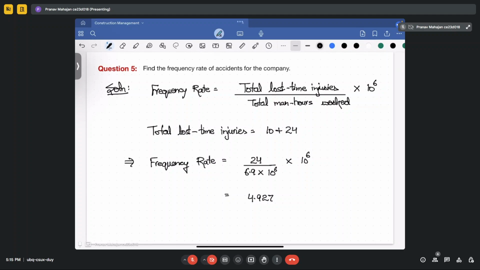All of these should be taken into account so that loss to life as well as loss to property could be avoided during the construction project at particular site.